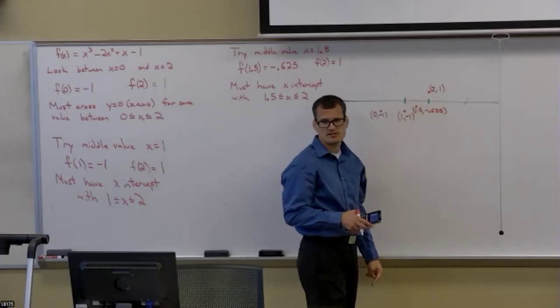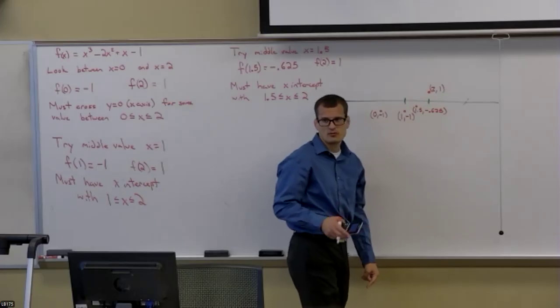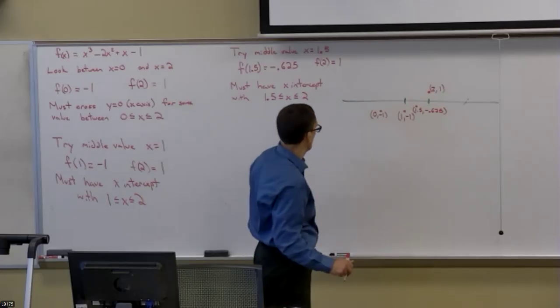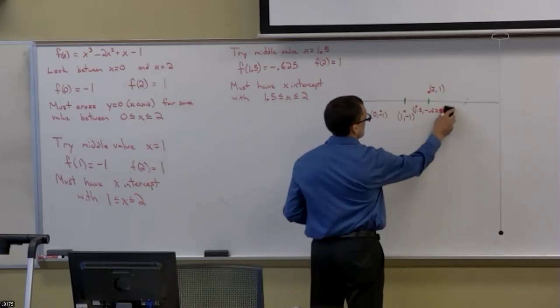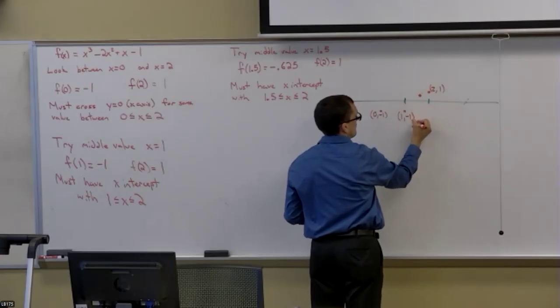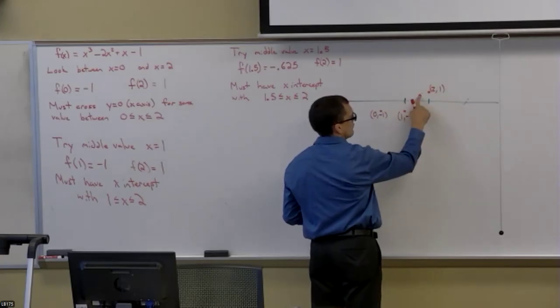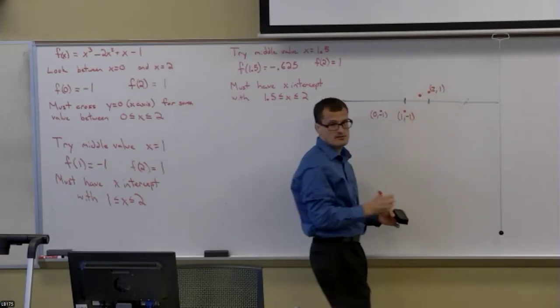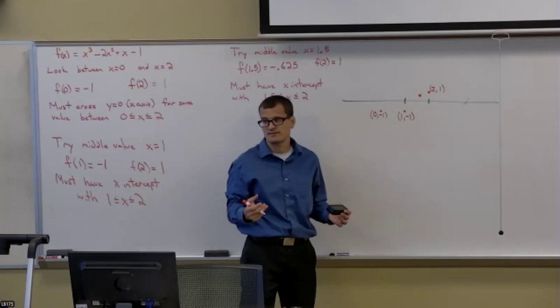Does that make sense? In other words, if our 1.5 had given us a positive output value, then I'd go from 1 to 1.5 as my new interval. We get that?